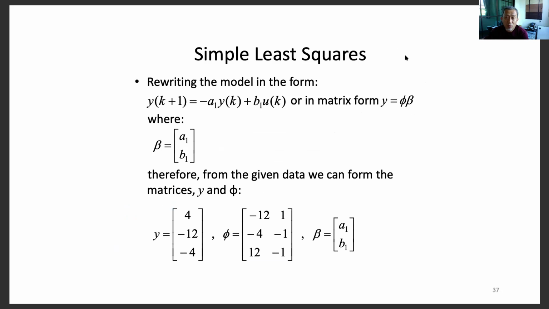So rewriting the model in the form y is equal to theta beta, where beta is equal to a1 and b1. Therefore, using the equations, y is the equation of k plus 1.